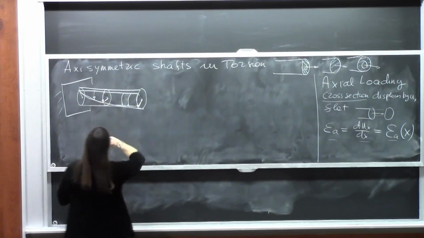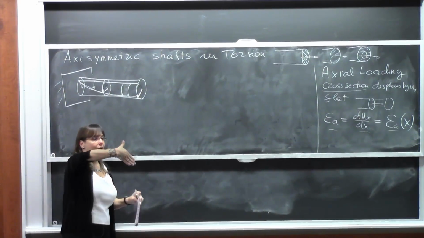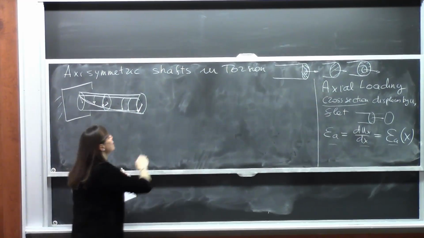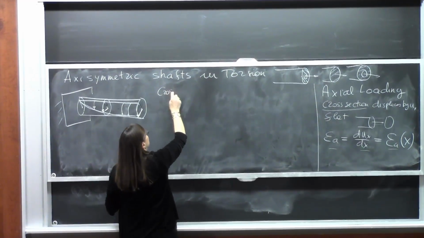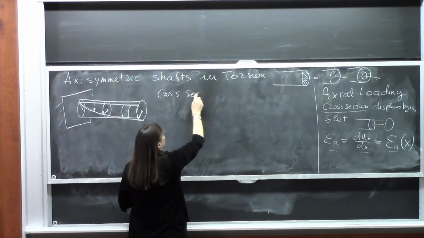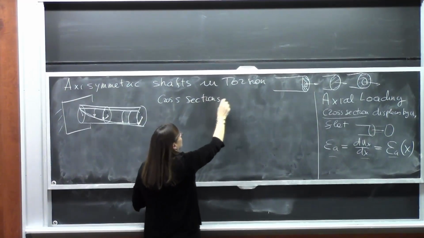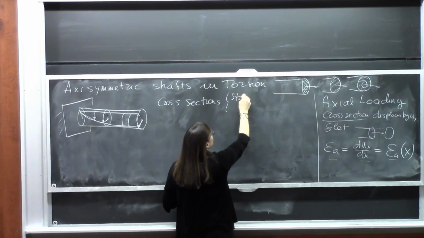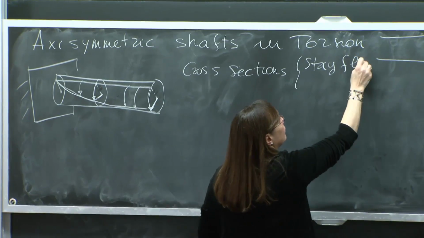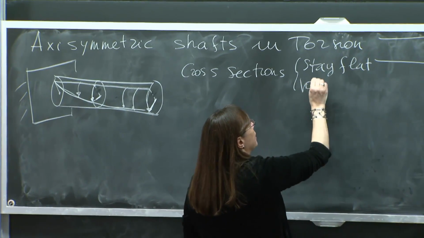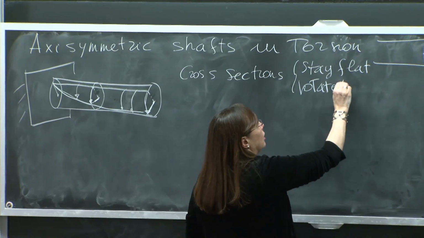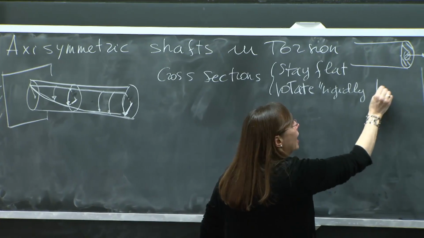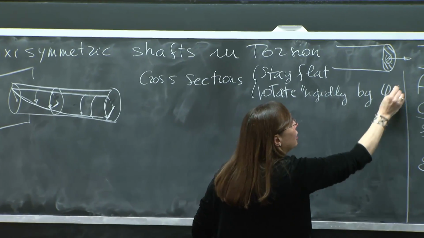The assumption that I make is that as the shaft deforms, every single cross-section stays flat, so the cross-sections stay flat, and they rotate rigidly by an angle phi.